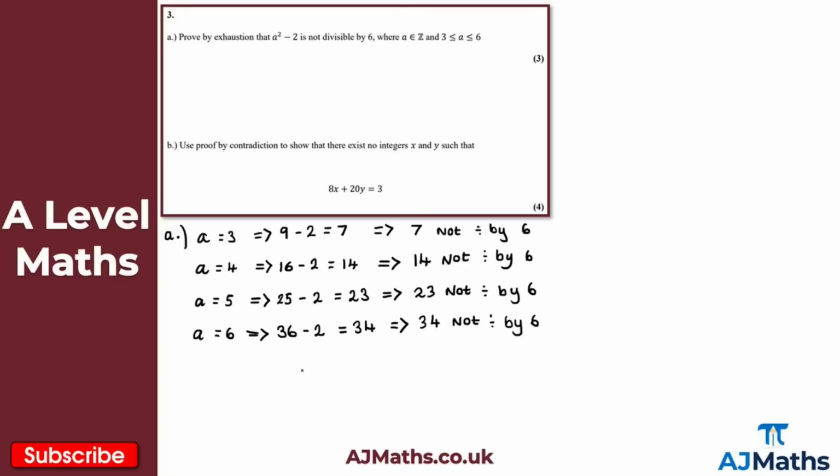Let's just make a quick conclusion here to finish this proof. Therefore, a squared minus 2 is not divisible by 6 where a belongs to the integers and a is between 3 and 6.